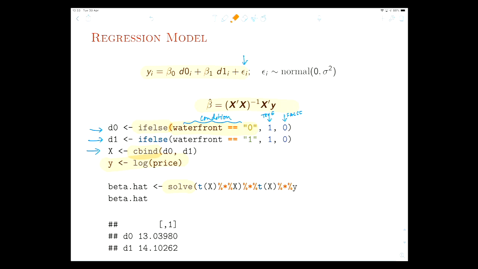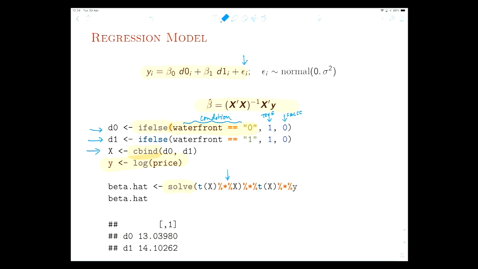Again, remember, when you're doing matrix multiplication, you do not use the asterisk to represent multiplication. Matrix multiplication is represented as percent star percent. That's how R distinguishes between a scalar multiplication of vectors versus a matrix multiplication. Okay, is everybody clear? Right. Okay.